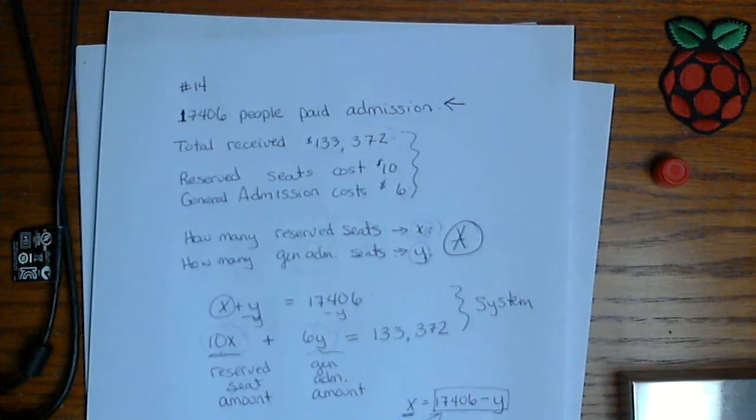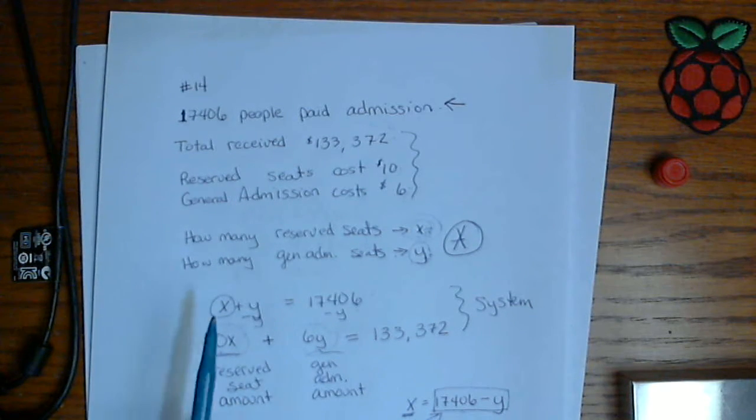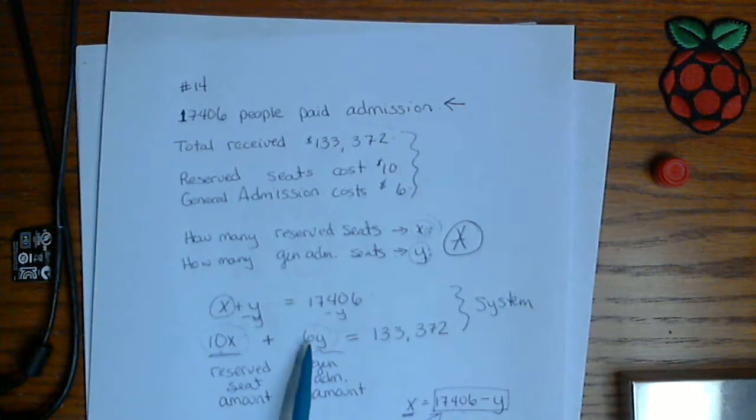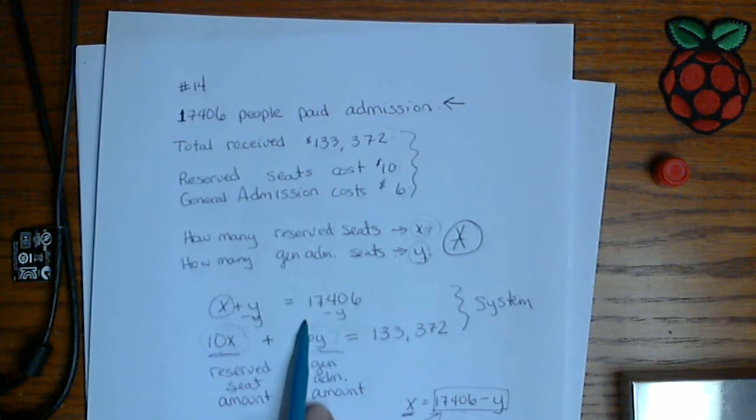All right? So each one of these has a rate, and then we're multiplying the rate by something. In this case, it was $10 per seat. That's a rate. That's just like a slope. And $10 times each seat gives us the total dollar amount. $6 times each y seat. That's another total amount.